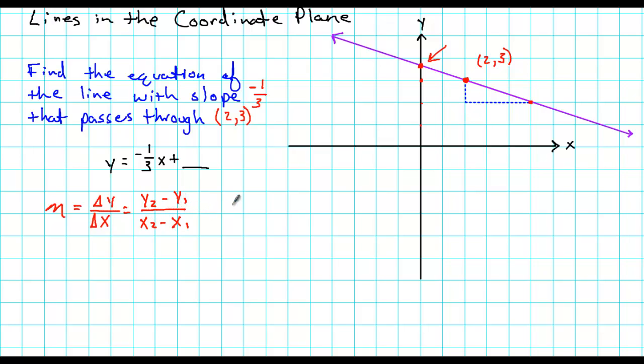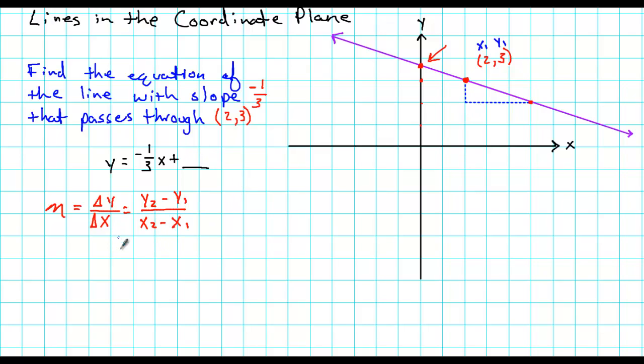So now let's go back up to our point here, this 2 comma 3. Well, it gives us an x1 and a y1, right? We just don't know the x2 and the y2 of this point. If we did, we'd be done, right? Because the y2 of this point would be the number that goes right here.